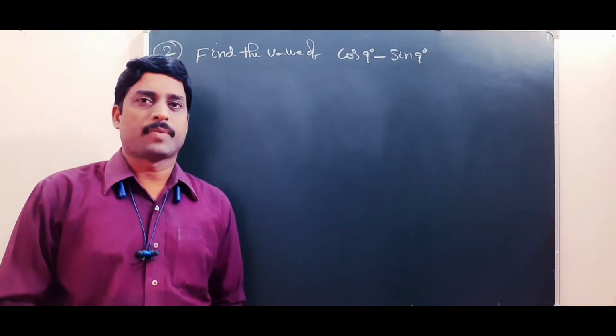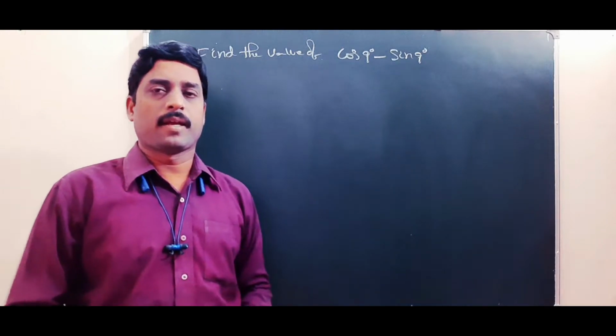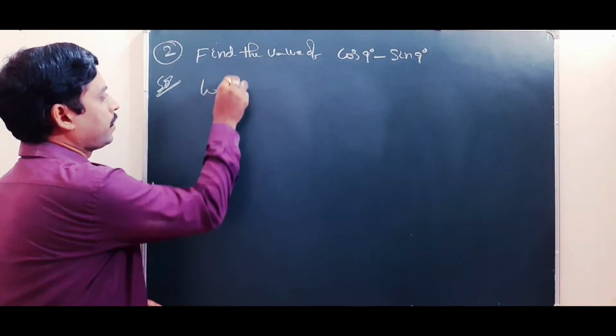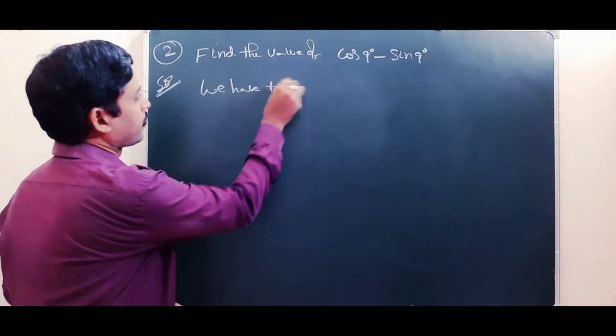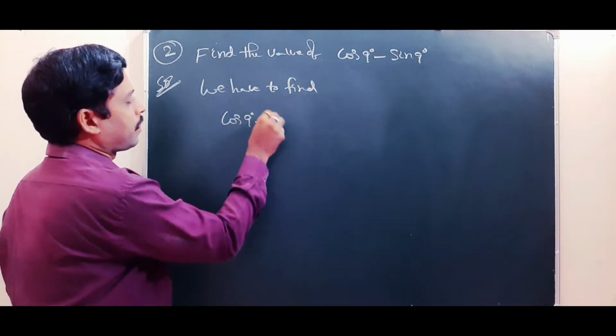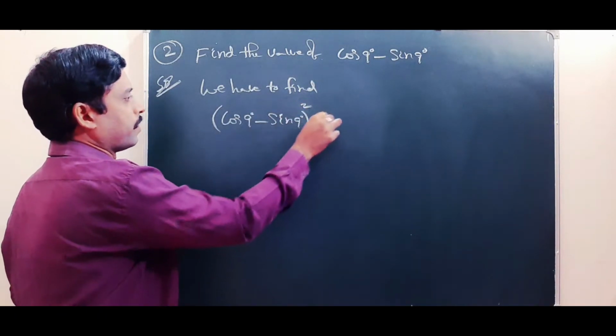Okay, let us go to the next problem. Find the value of cos 9 degrees minus sin 9 degrees. Okay, first we have to find cos 9 degrees minus sin 9 degrees whole square value.